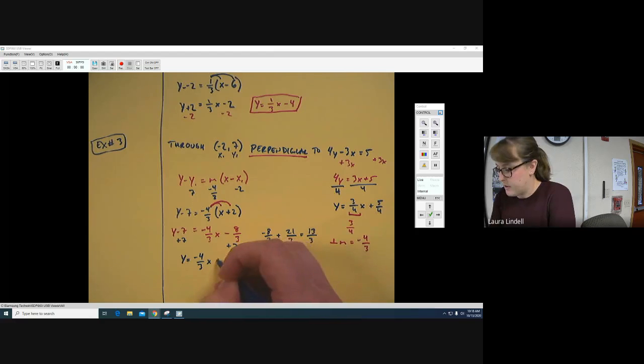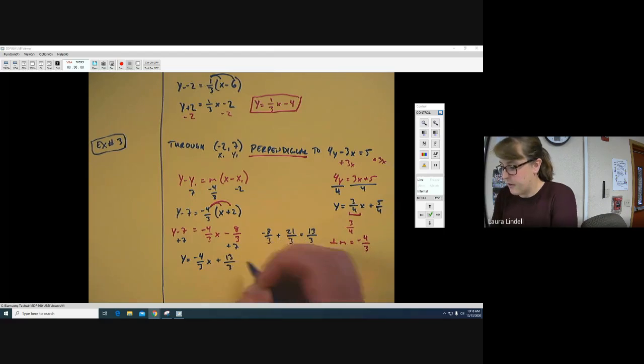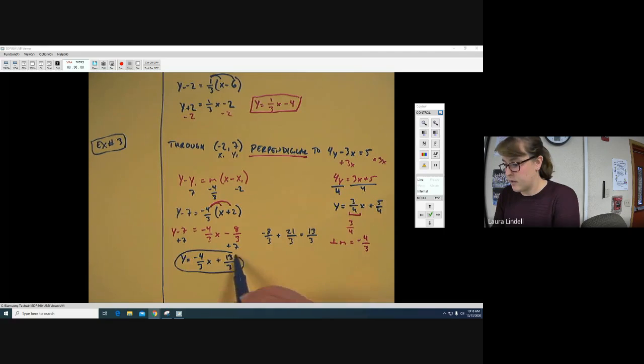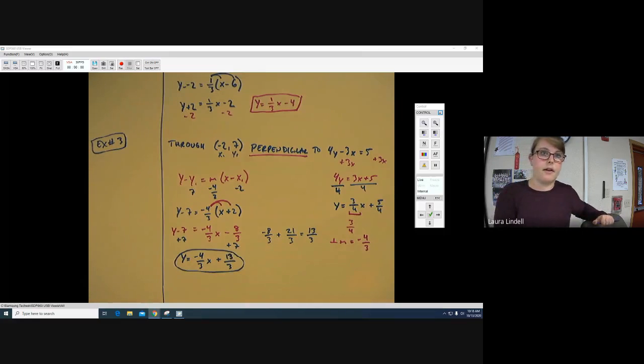So we go plus 13 thirds. And that would be our answer. Okay. So that one was not real pretty, but hopefully we get the idea.